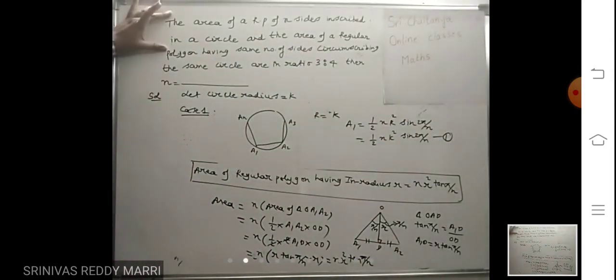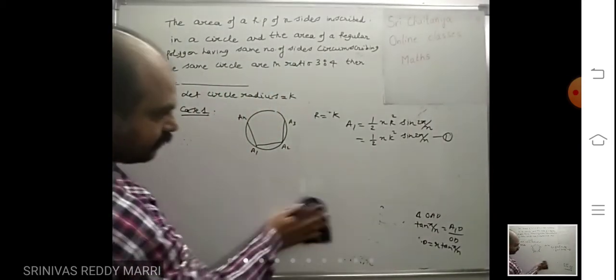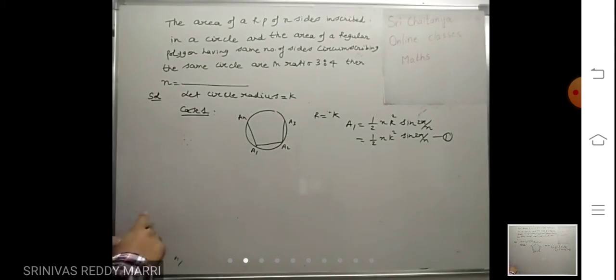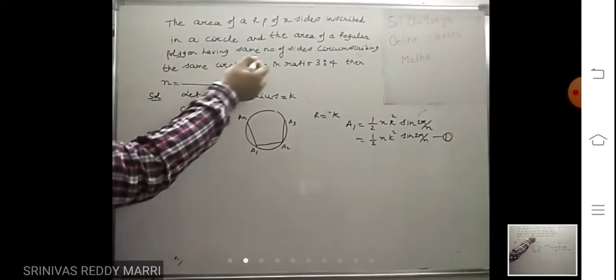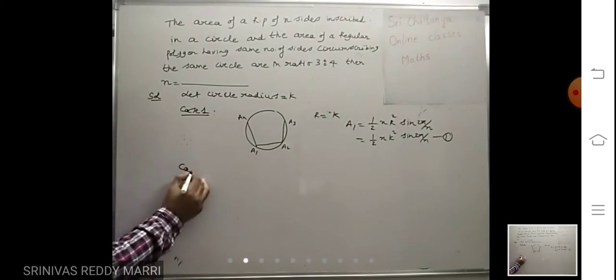Now look at the second case. In the second case, what is it telling? The area of a regular polygon having the same number of sides, circumscribing the same circle.